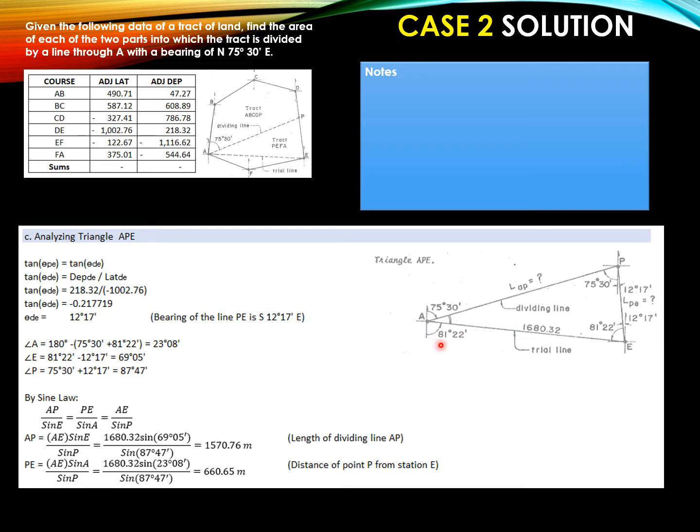So this is 81 degrees 22 minutes, which is the same here. And this one is also given, 75 degrees. So angle A, we get 23 degrees 8 minutes. It is basic trigonometry. When you combine this, from here up to here, it becomes 180 degrees. That's why the computation is like that.